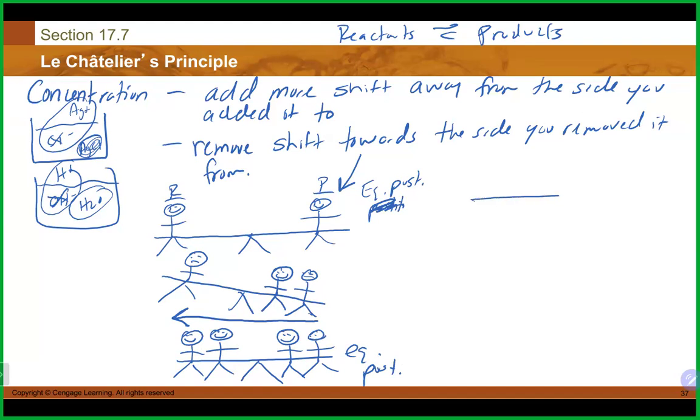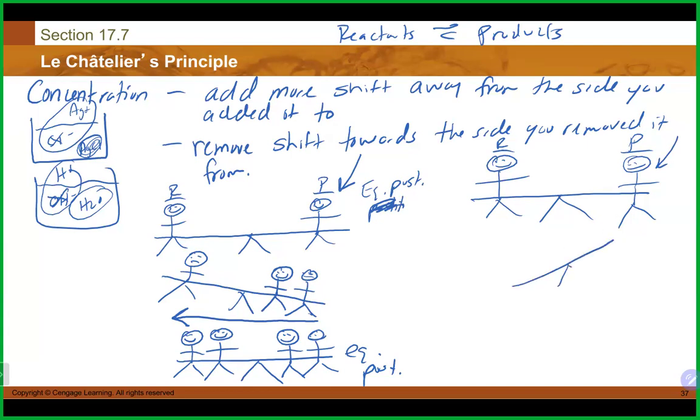Now, let's say we did the same thing over here. And let's say that this guy decides he's going to hop off. So we're going to remove some products here. When that guy hops off, this is what's going to happen.